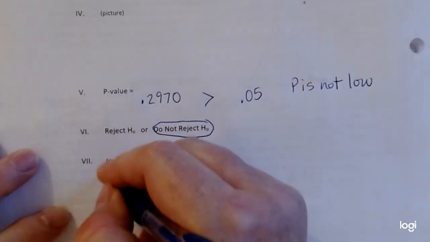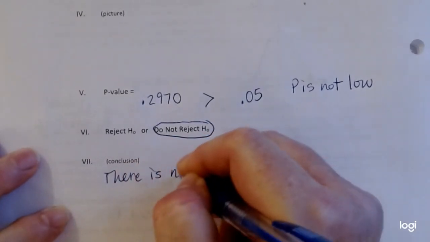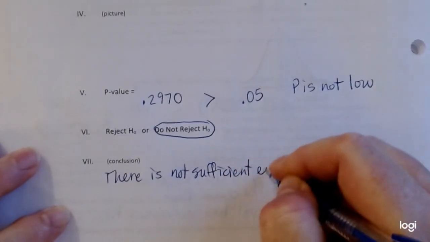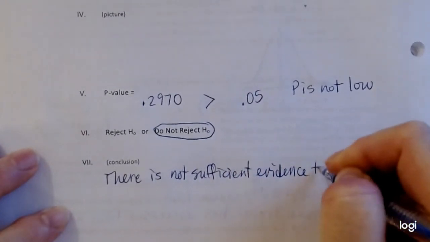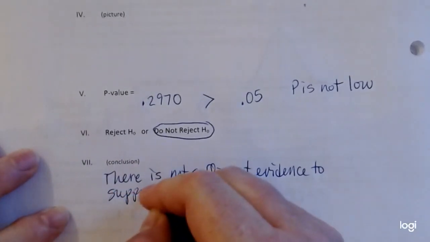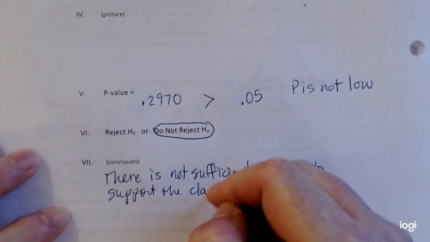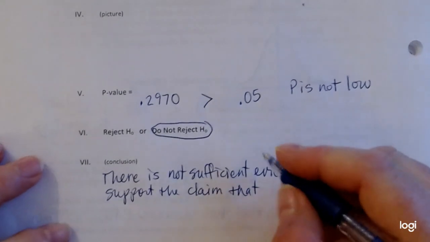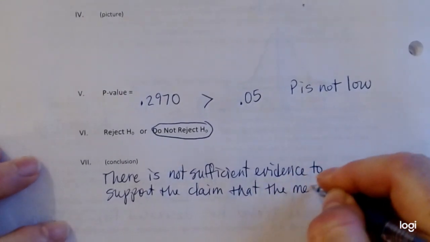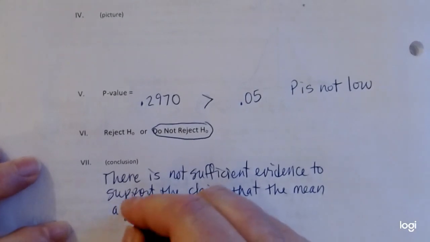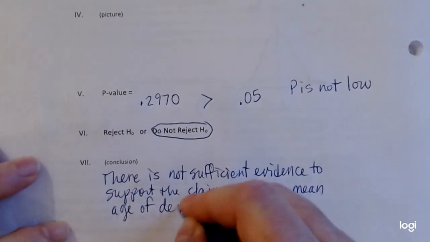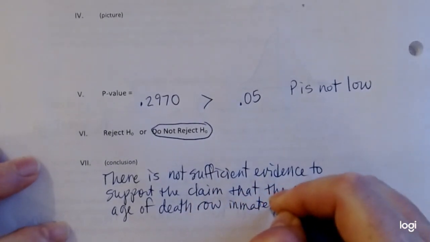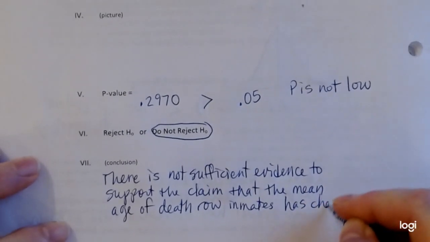And we would say there is not sufficient evidence to support the claim that the mean age of death row inmates has changed.